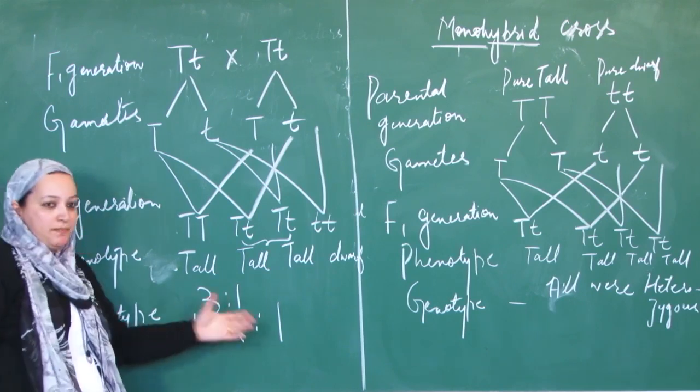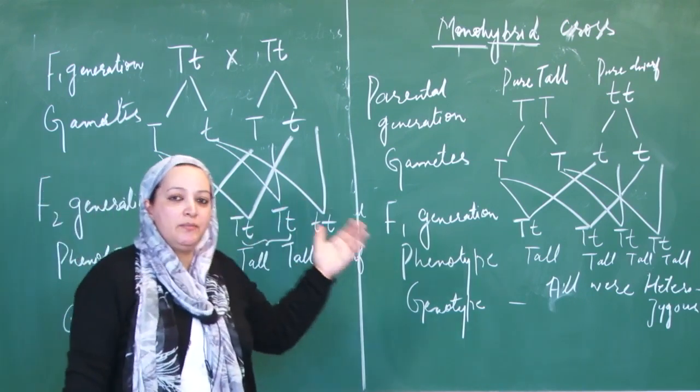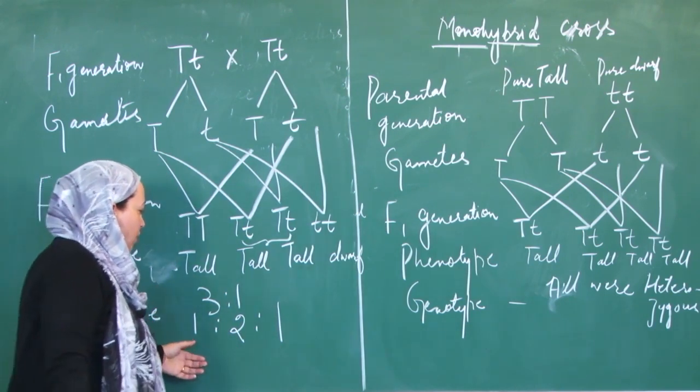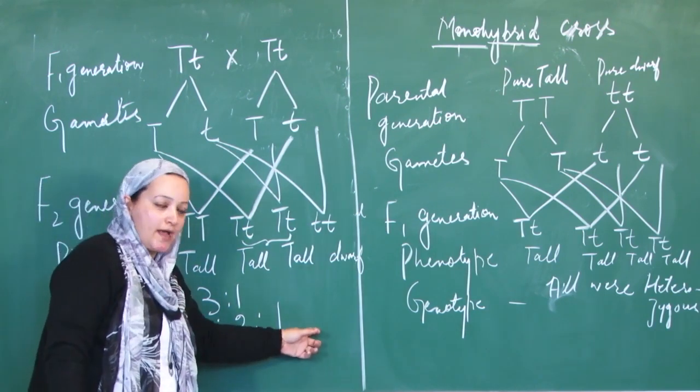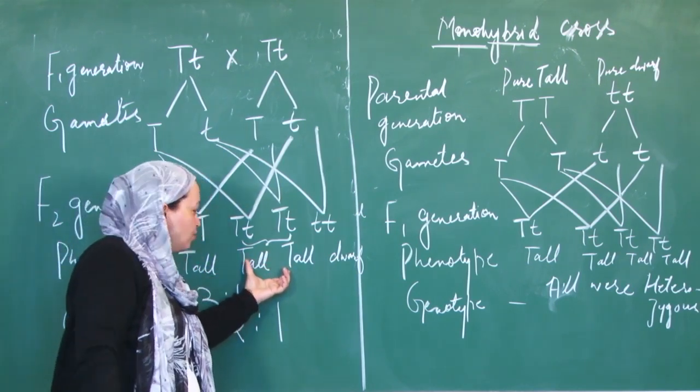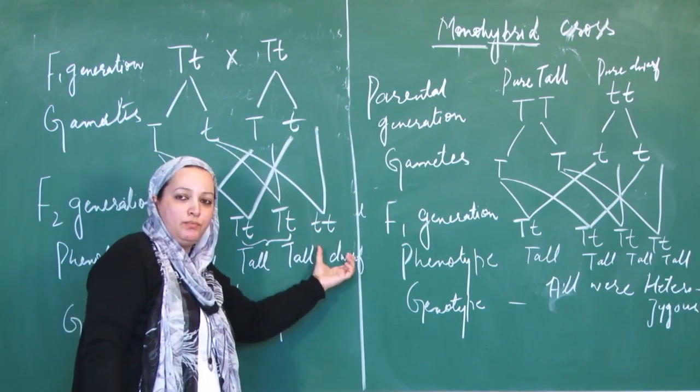The genotypic ratio of a monohybrid cross is 1:2:1: 1 pure tall, 2 heterozygous tall, and 1 pure dwarf.